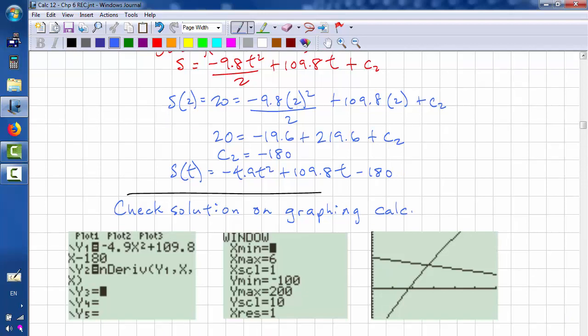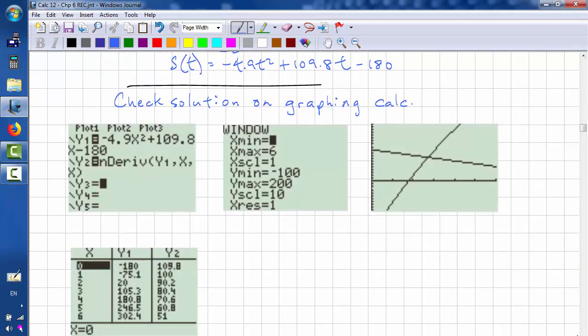We can check our solution on a graphing calculator. This is our s of t, and this is our v of t. We can tell because v of t is linear and s of t is not linear.